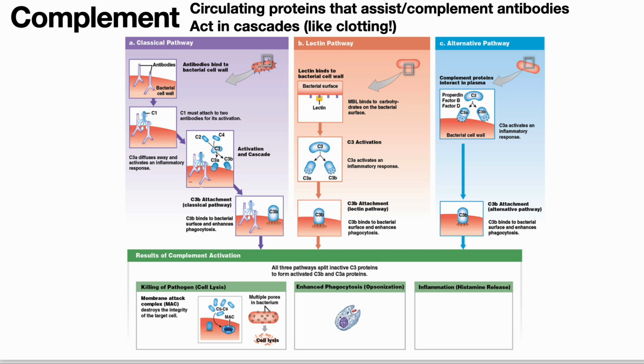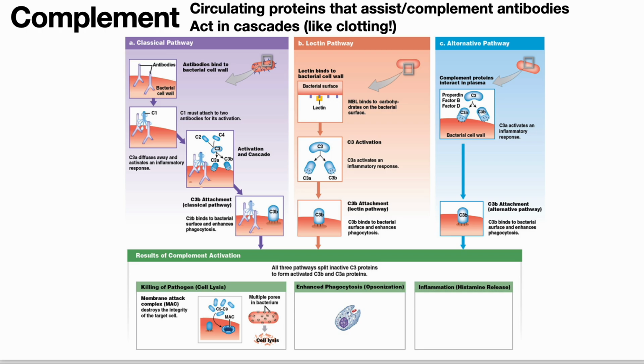We're going to have the classical pathway, we're going to have the lectin pathway, and we're going to have the alternative pathway. And I just want to tell you right now that all three pathways are going to result in splitting inactive C3 proteins to form C3b and C3a proteins that are activated. So I'm going to say that one more time.